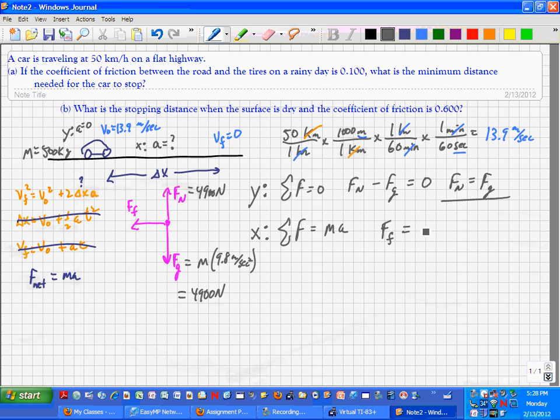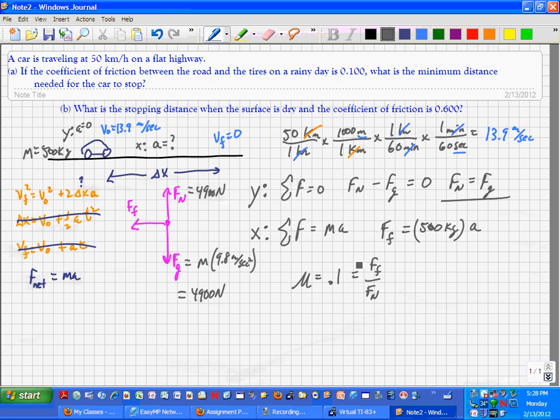Force of friction is going to be equal to 500 kilograms times the acceleration, which I don't know. So I need friction, but I've got the coefficient of friction equal to 0.1, which is equal to force of friction over force of normal.